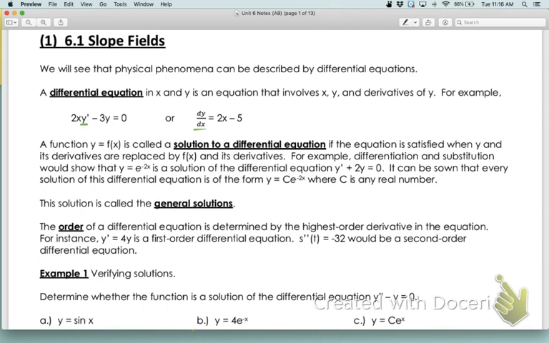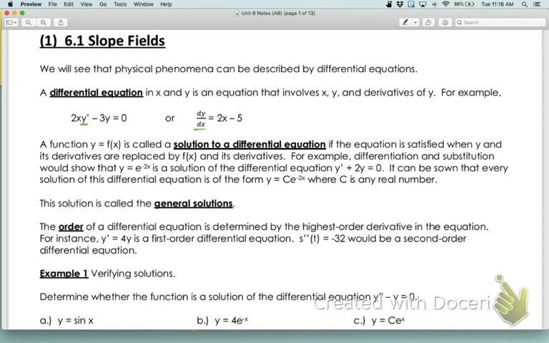One of the things we're going to be able to see is that we can find the general form of the solution, where we have some constant c. Everything we've looked at when we've done integration and antiderivatives, you get that plus c.